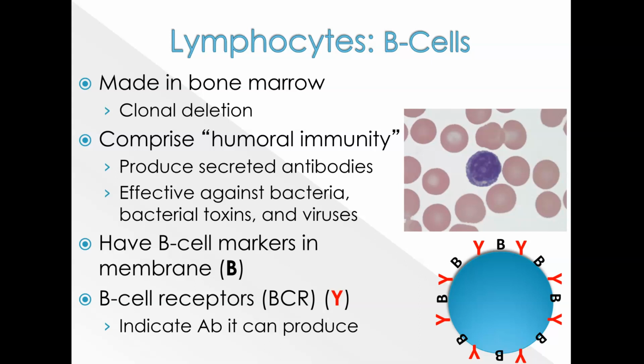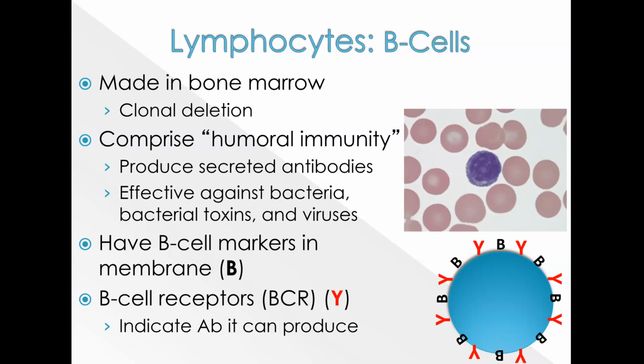We call them CD markers. CD stands for cell determinant. Some of these cell determinant markers are common enough that we actually have a name for them, like the B cell receptor, the BCR. Whereas other cell determinant markers, we simply say CD4, CD8, CD95, and so on. So there's numbers associated with them.